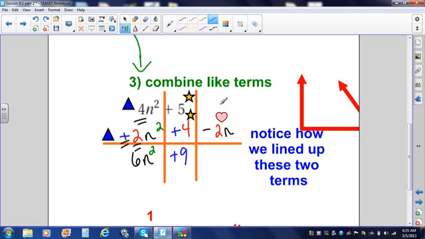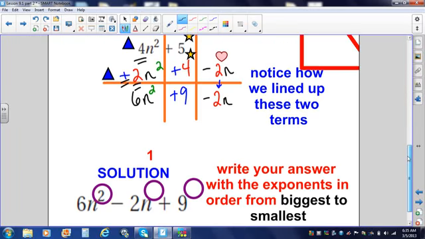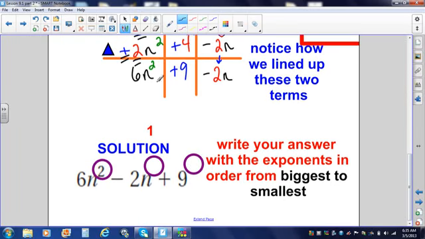And since I don't have anything to combine with this heart, you can either put a 0 there, or you can just bring this down, and that will give you -2n.